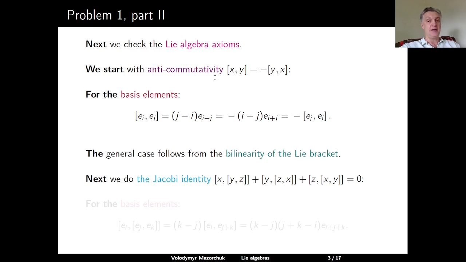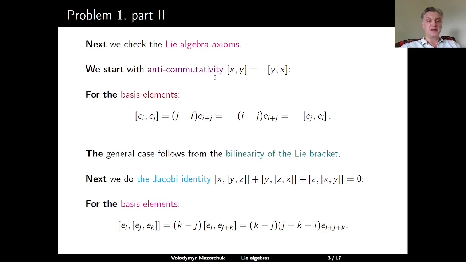Again, due to the bilinearity of the Lie bracket, it is enough to check this on the basis elements. So if we plug in the basis elements e_i, e_j, and e_k, then the bracket of e_i with the bracket of e_j and e_k can be computed as follows.